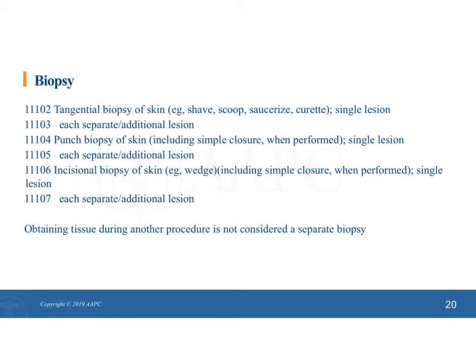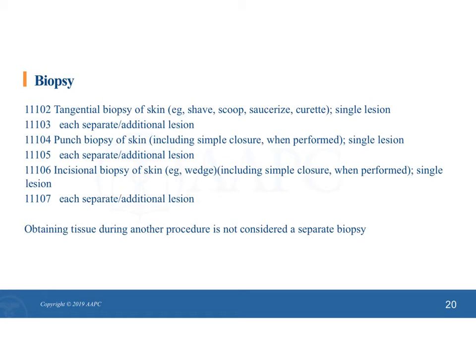The guidelines in this category say that during certain surgical procedures, tissue is removed and submitted for pathological exam. The obtaining of the tissue during another procedure is not considered a separate biopsy and isn't separately reportable.